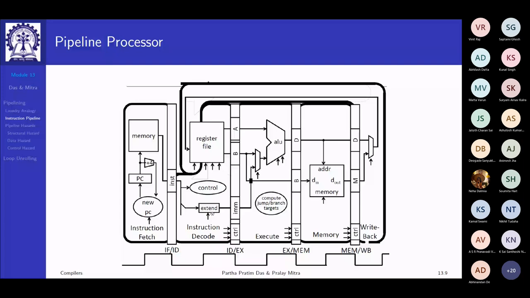In the execute stage, the main thing is the ALU. Besides that, you will have computing the jump and branch targets, the memory address, and so on. In the memory stage, you will have the memory address and the data to be able to read or write from the memory.